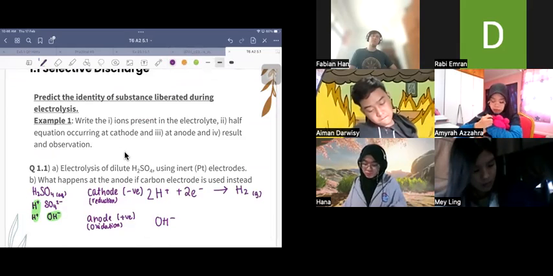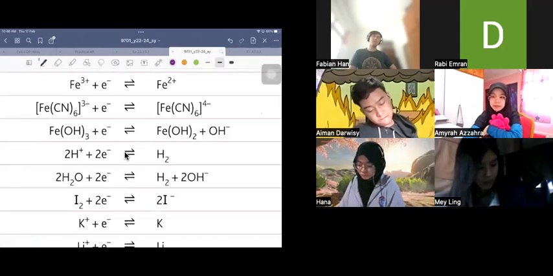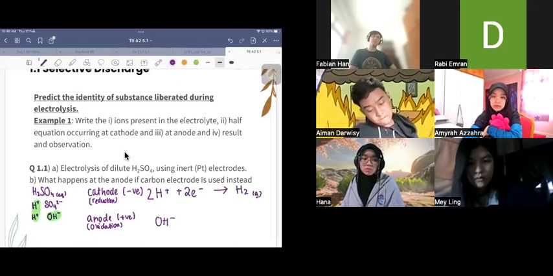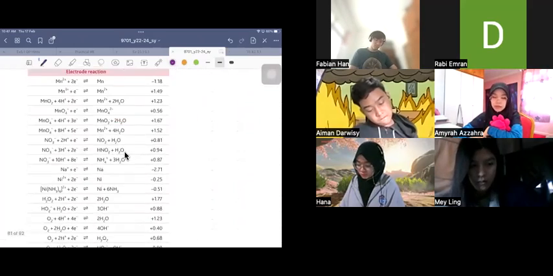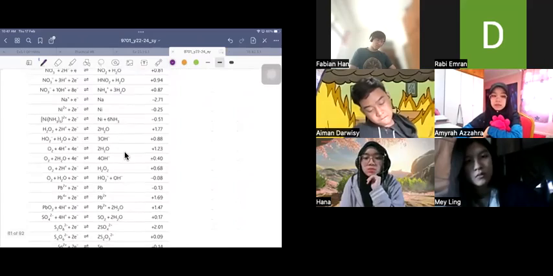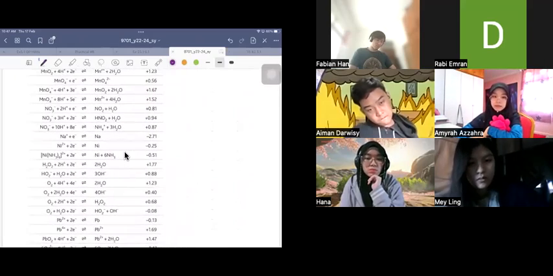So you don't have to worry about memorizing. Hopefully they will give you these E-note values in the exam. As for OH minus, this time it's oxidation. Now oxidation is the reverse process, so you have to look at the right side.